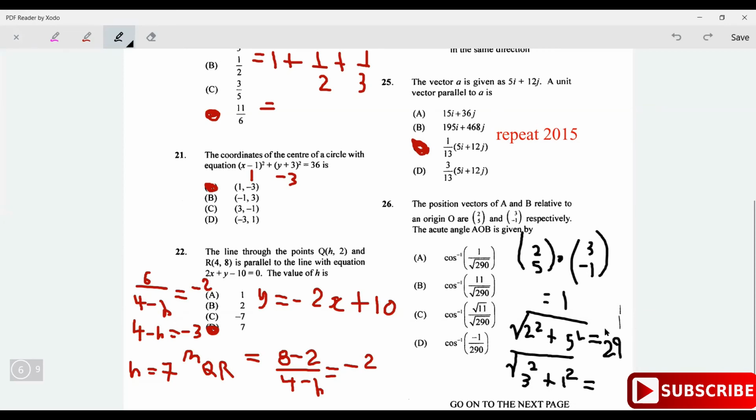So the square root of 29 and the square root of 10. The acute angle between the two is 1 over the square root of 29 times the square root of 10, which is the square root of 290. So it's 1 over the square root of 290, which is option A. Nice and easy.